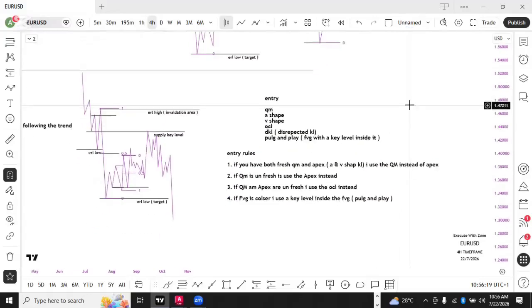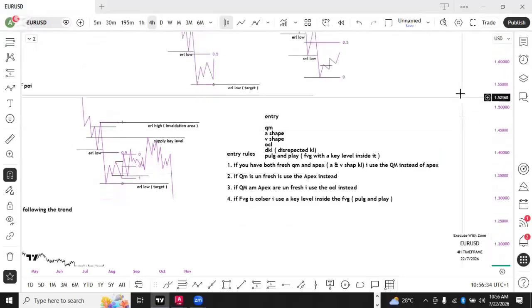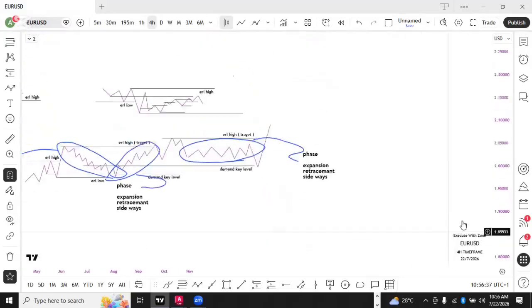Now let's dive into the chart and illustrate it based on everything I've explained from the beginning to the end. But before we go into the chart, let me go through what I've explained to you.